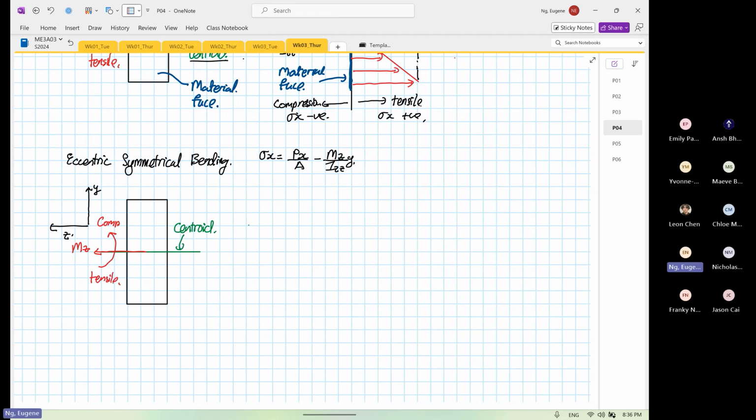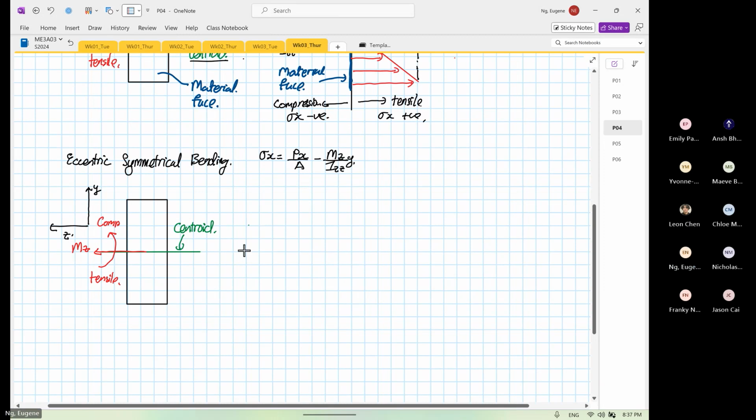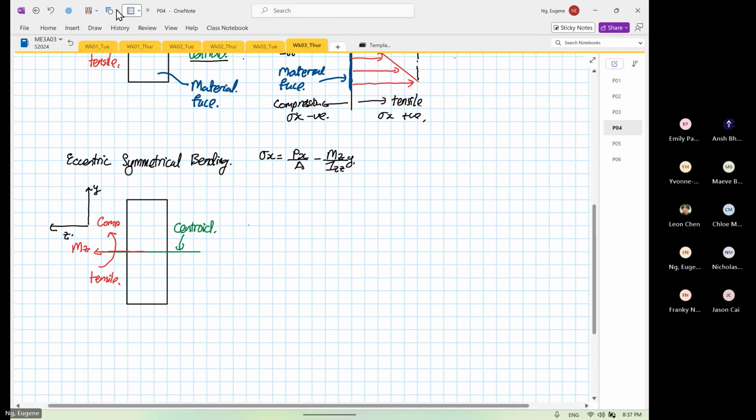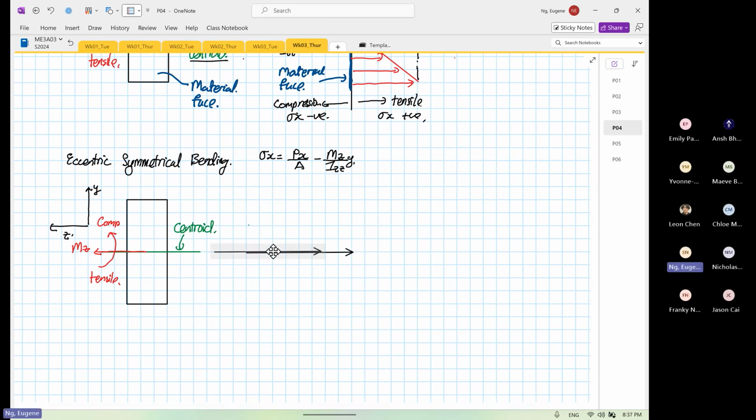Okay, so I'm going to sketch two graphs now, or three altogether. So the first graph that I'm going to sketch, so this is the first graph I'm going to sketch.